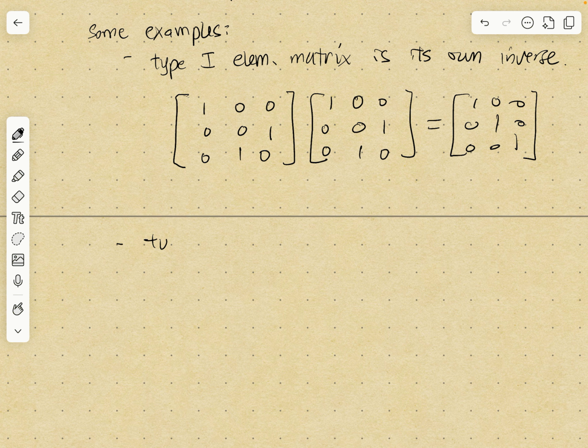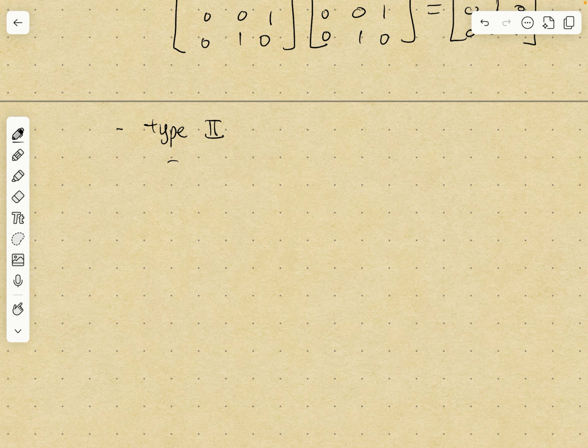And so for type 2, let's just do an example. So let's say that you have this 5 by 5 matrix. You start off with the 5 by 5 identity matrix, but then you replace row 3 by C times row 3.